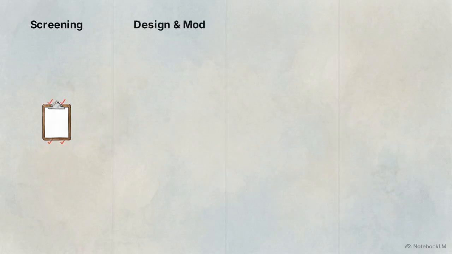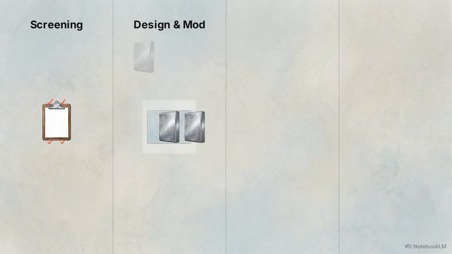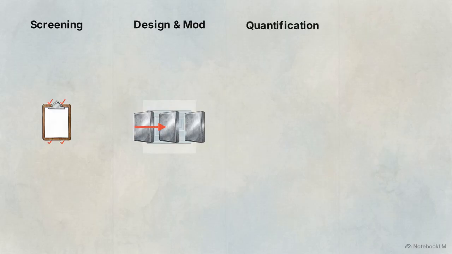As the project moves into the design and modification phase, engineers apply tools like HAZOP, FMEA, and LOPA. LOPA stands for Layers of Protection Analysis, a semi-quantitative tool used to test whether individual safeguards are truly independent of one another. For major hazard quantification, teams use fault or event trees and QRA.